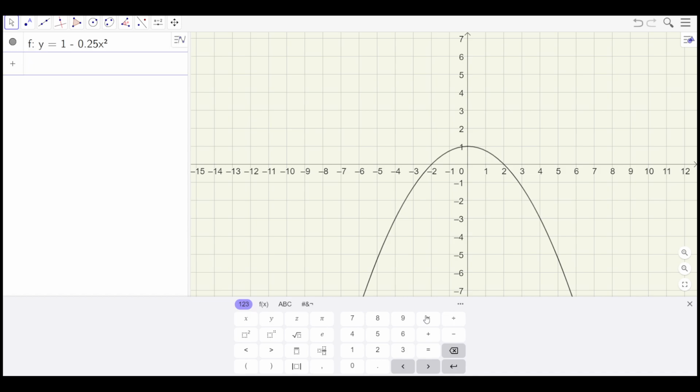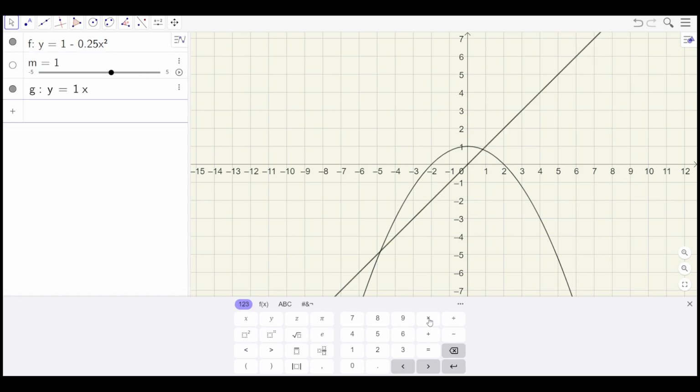And then the line is y equals mx in my notation. So I would write y equals m multiplied by x. As soon as I press enter, GeoGebra faces some problem because it will not be able to draw this one, because m is not known to GeoGebra yet. So if you press that one, GeoGebra makes a slider for m.